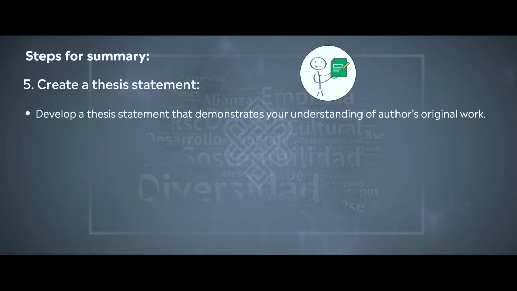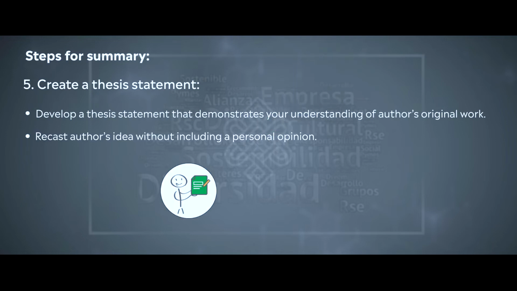So that's called a thesis statement. You need to develop that in your own words, keeping the original idea of the author. After that, you recast the author's original work without including your personal opinion. We are writing a shortened version of the original work. So therefore, we do not include our personal opinion. So that is the fifth one.